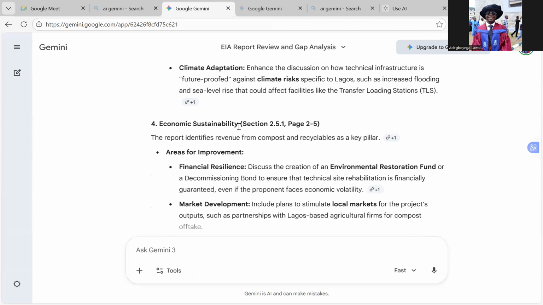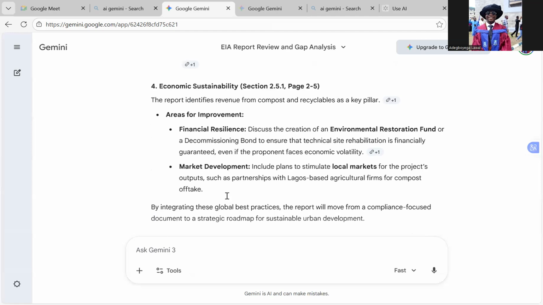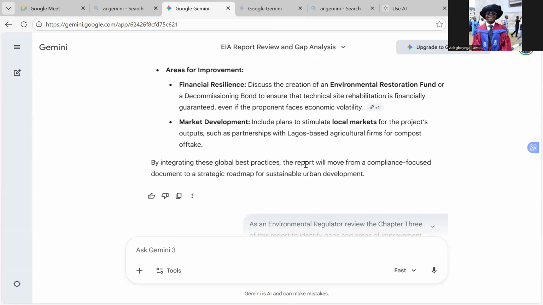When you talk about economic sustainability, financial resilience, market development, integrating this global best practice, the report will move from a compliance-focused document to a strategic roadmap for sustainable urban development. So now we are adding value to the project development. It's not just a compliance-focused document where you tick the box; the EIA is shifting to a strategic document to ensure sustainable development.